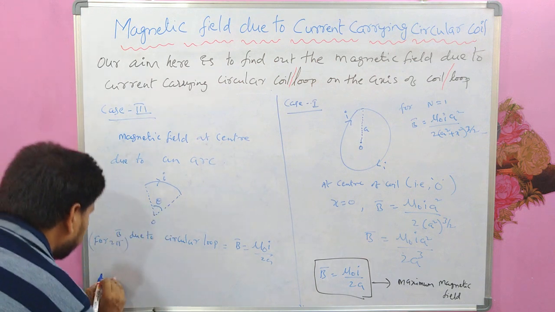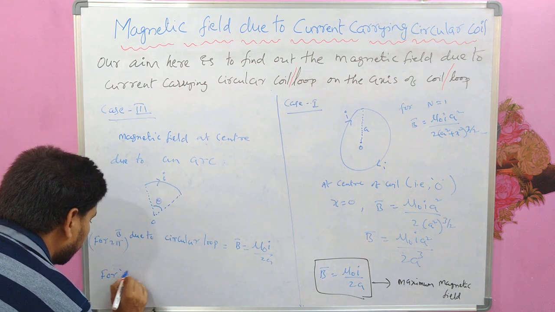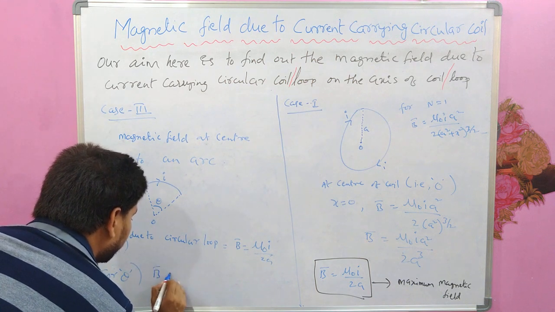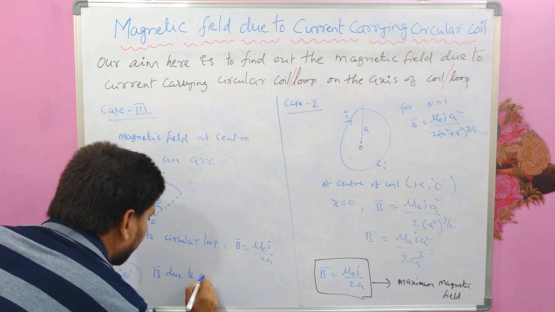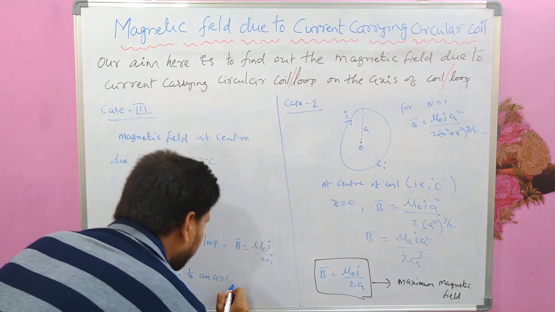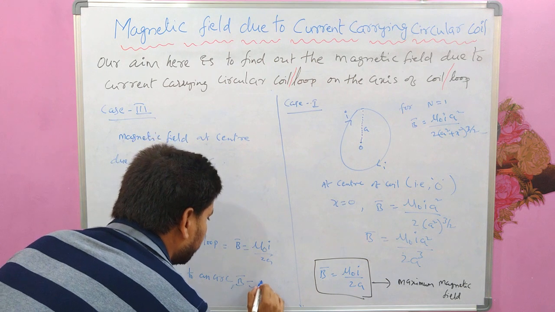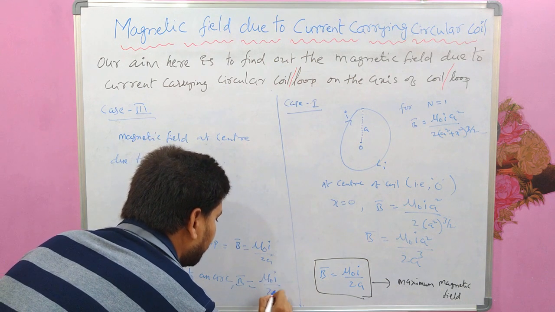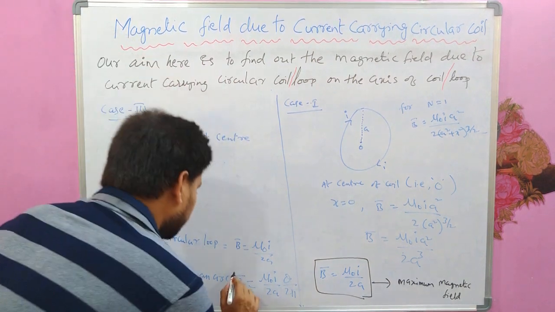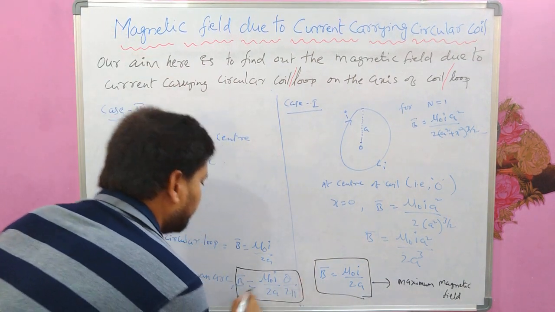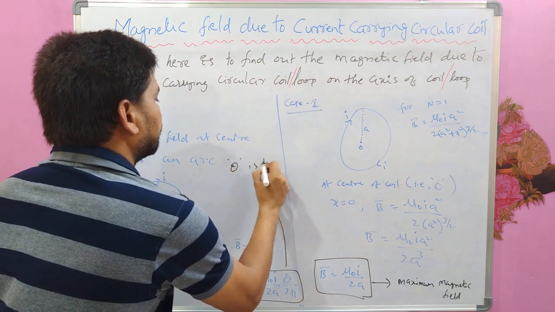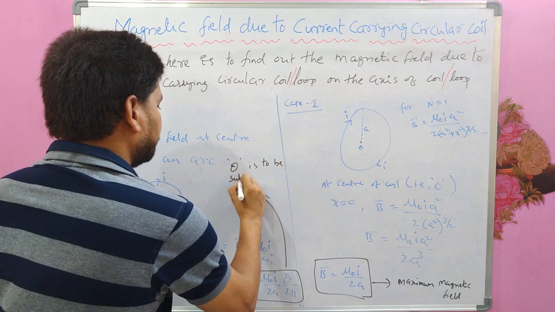And if I want for theta, the B due to an arc will be mu naught I by 2A into theta by 2 pi, where theta is to be substituted in radians.